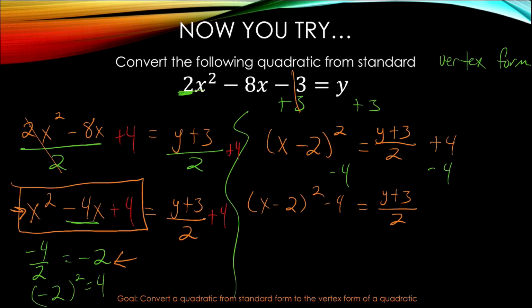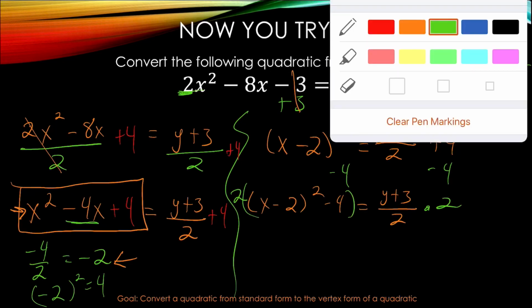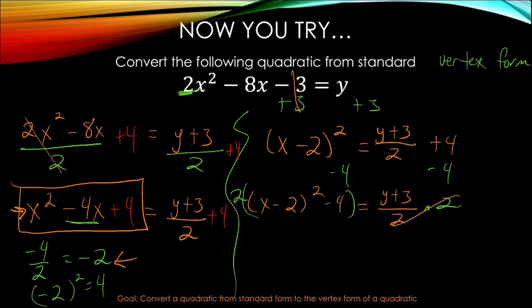Next, I need to multiply both sides by 2. When I do that, those 2's cancel out, and I get 2 times x minus 2 squared minus 8. Notice I'm distributing this 2 to everything. Equals y plus 3.